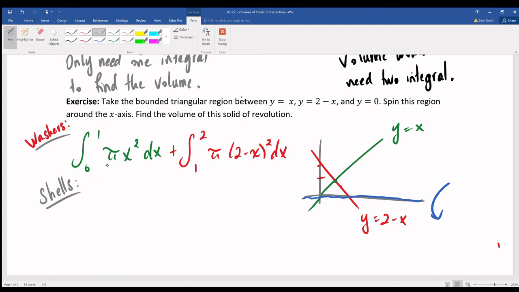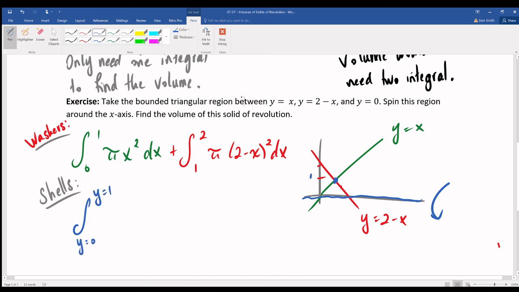Now instead, if I do method of shells for this problem, then both of these functions have a consistent top and bottom. So I could integrate from the lowermost y value, y equals 0, to the uppermost y value of y equals 1, 2 pi times the radius of the cylinder, which would just be y itself, and then the height of the cylinder, which would be the difference in the two x values, x equals y versus x equals 2 minus y.